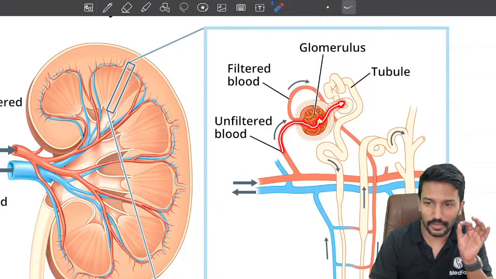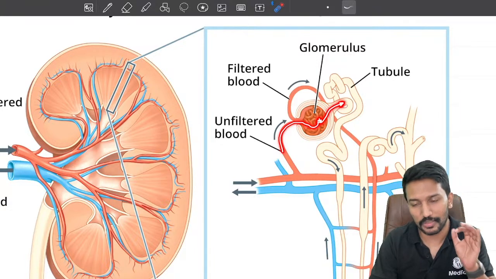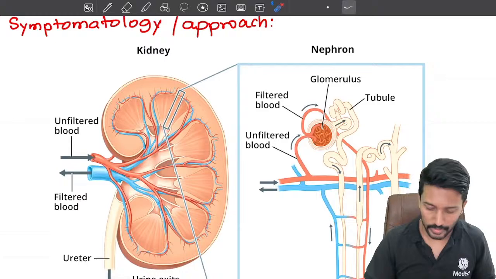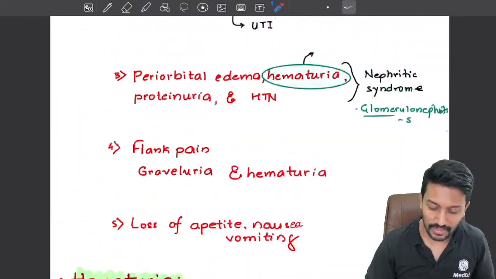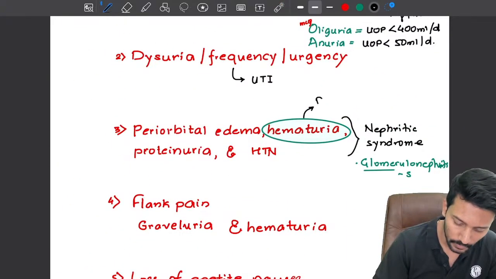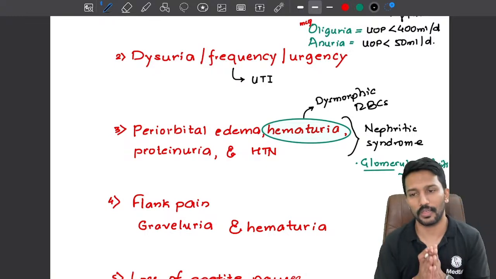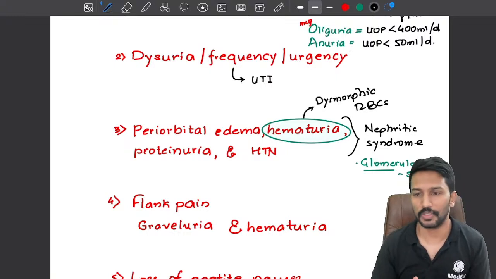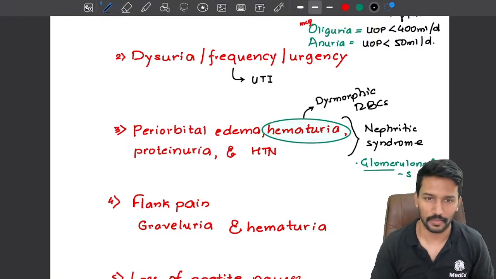At the site of injury, the RBCs are subjected to pressures and they become dysmorphic. So whenever a urine report shows dysmorphic RBCs, it basically means that the patient has a disease affecting the glomerulus. At least this much we can understand from the question if they say dysmorphic RBCs are present. Okay, clear?